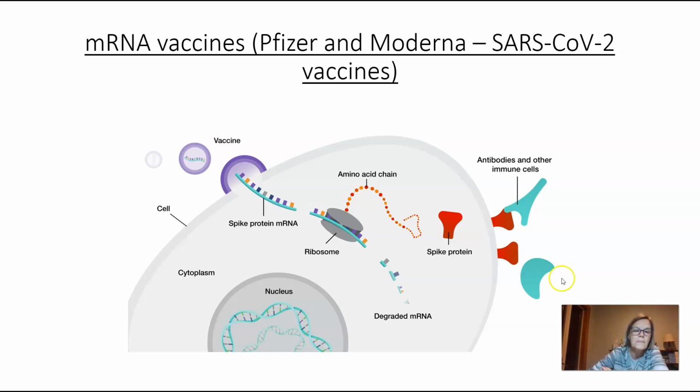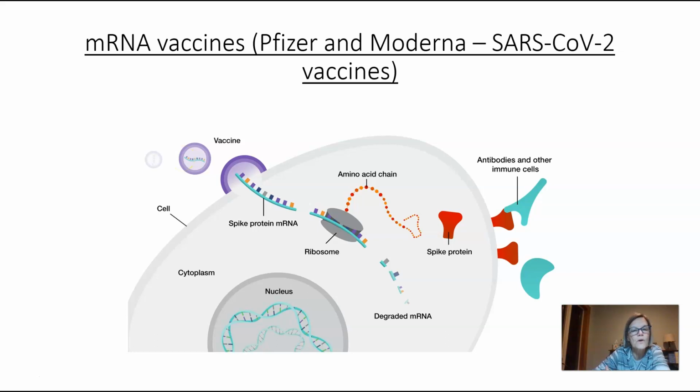Here they have a piece of mRNA. So we have DNA to RNA to protein. They get a piece of RNA from the COVID-19 virus. And that RNA, the piece that they get, contains enough information to encode a protein.